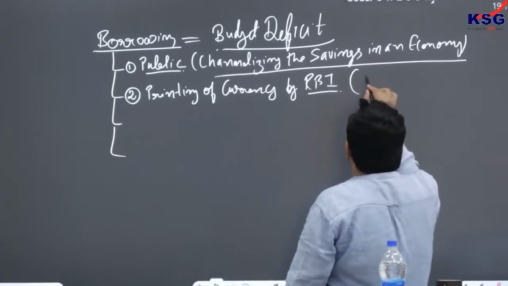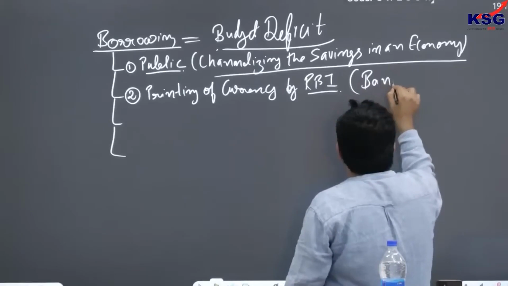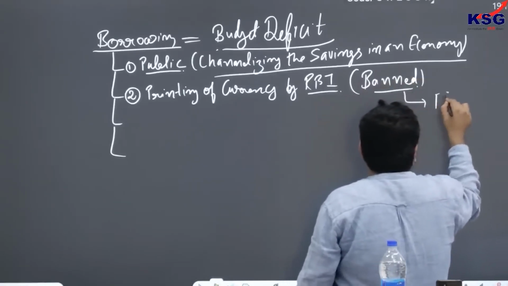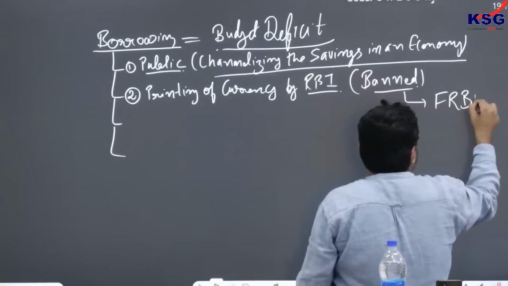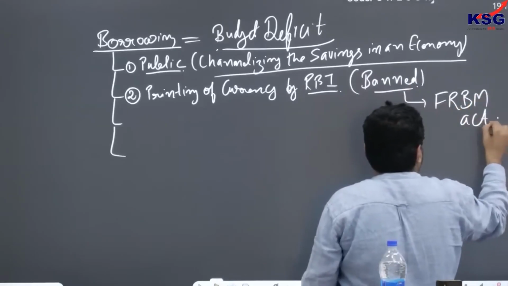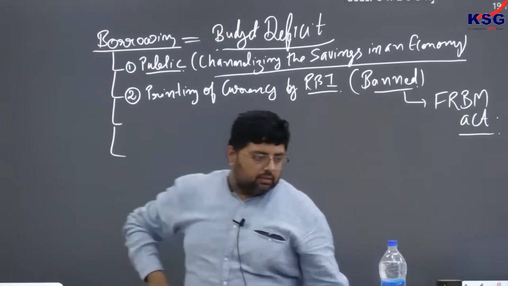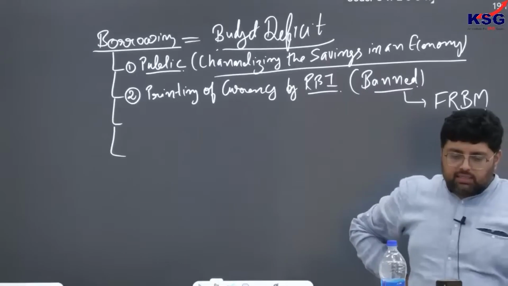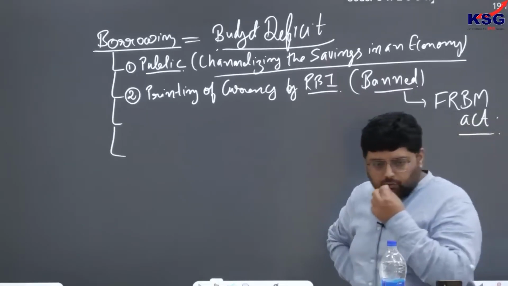Why? Because we have banned it, and this ban has been imposed by a very famous act known as the FRBM Act. So this is what you have to understand.